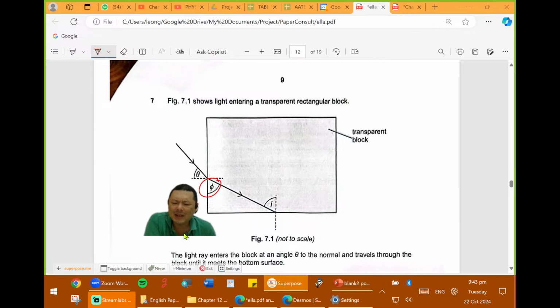Actually, why such a big emphasis on light and lenses? I don't understand. You're IP, right? You're going on to A levels. Do they not realize that there's no light in A levels? The emphasis of the A levels is waves. Every year I teach my A level students, waves is always a problematic chapter for all of them.